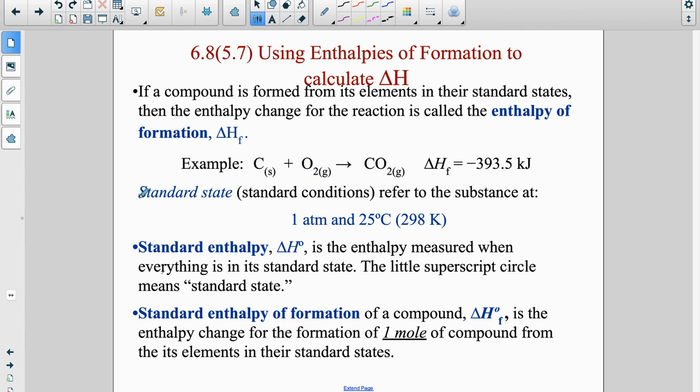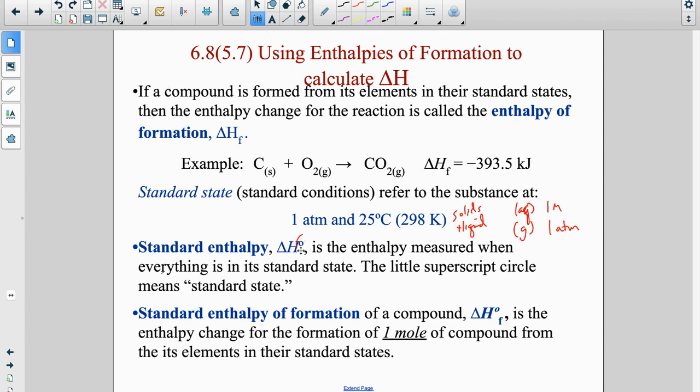So these are a set of conditions, standard state conditions, and that refers to 1 atm and 25 degrees C for solids and liquids. For gases and solutions, it's slightly different. For aqueous solutions, that's 1 molar, and for gases, it is 1 atm. But either way, all of these are in their standard state when they're at these conditions.